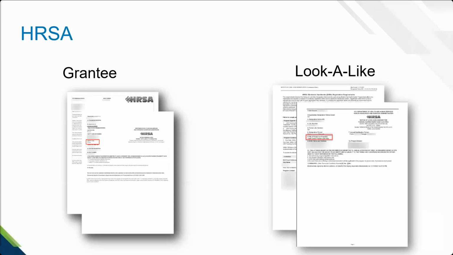Those project dates, that HRSA grant needs to be in effect for the entire span of time that it takes to enroll an FQHC. The FQHC process is slightly longer, because of an additional process that is required by CMS for them. The reason I bring this up is if for some reason that HRSA grant were to expire while an enrollment application is in process, it doesn't mean you can't enroll as an FQHC.